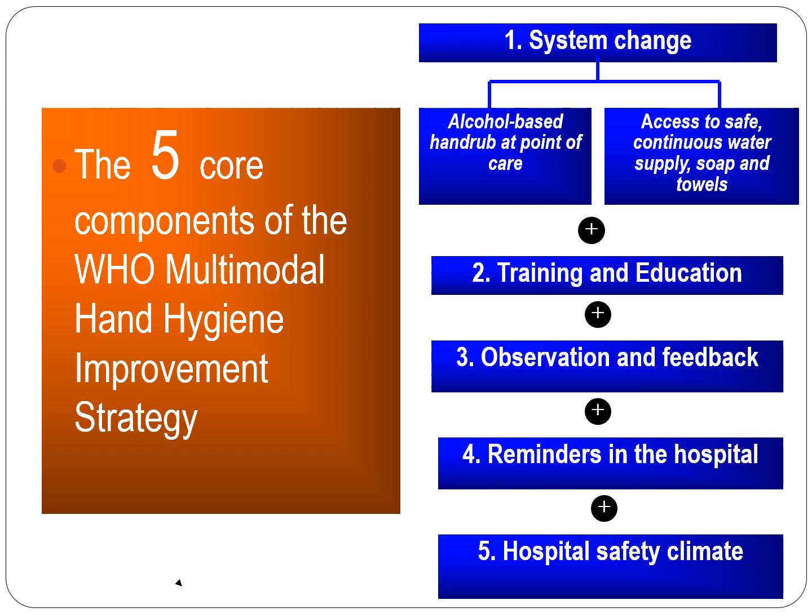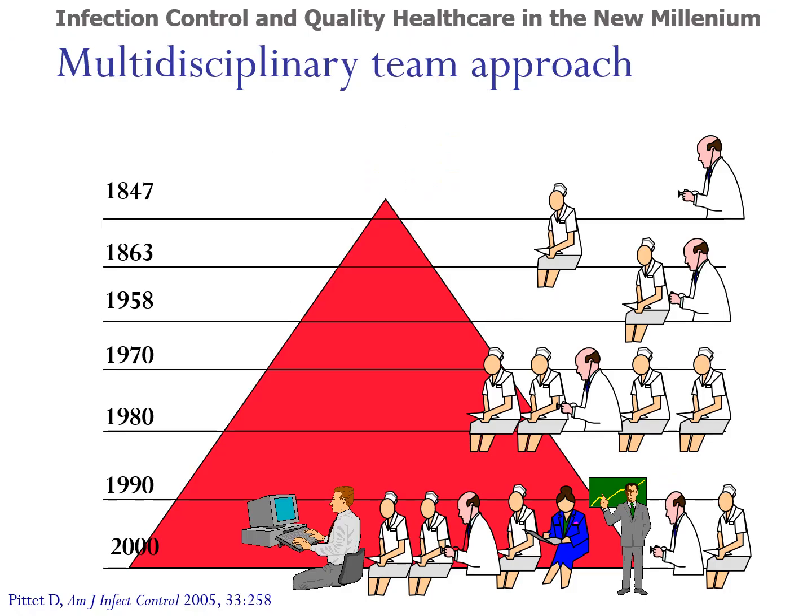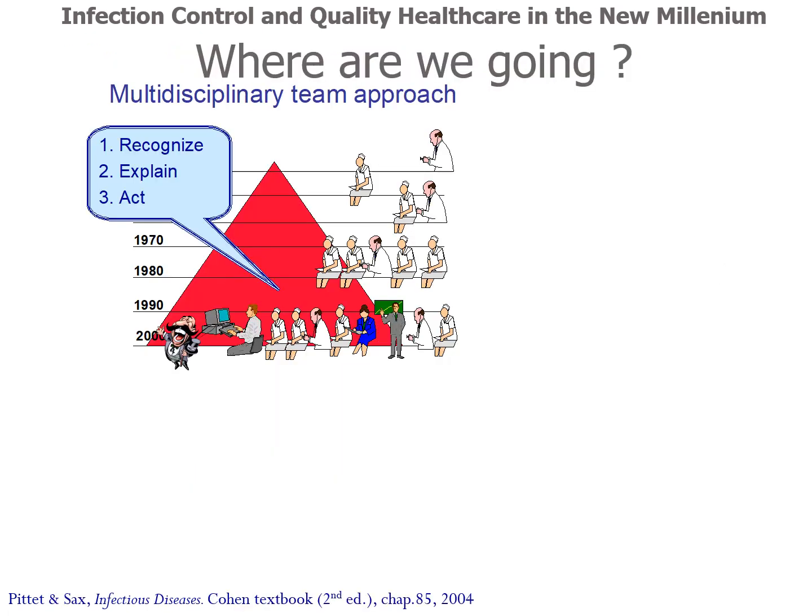The 5 moments of hand hygiene should be stringently followed: before touching a patient, after touching a patient, before and after a surgical procedure or a procedure that involves blood and body fluids, and after touching a patient's surroundings.